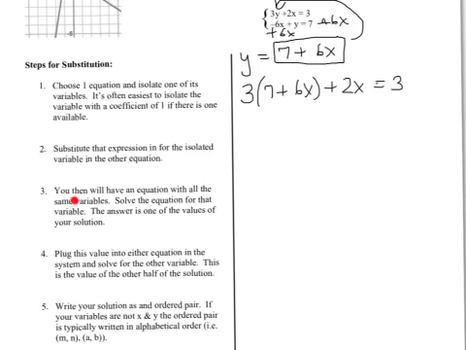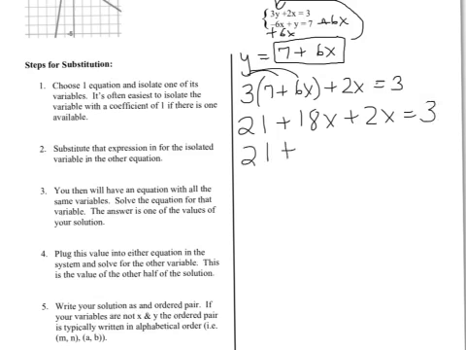So step 3, you will then have an equation with all the same variables. What do you know? We have x's here. So we're going to solve the equation for that variable, which we know how to do. We distribute and we get 21 plus 18x plus 2x equals 3. Combine your like terms, you get 21 plus 20x equals 3.